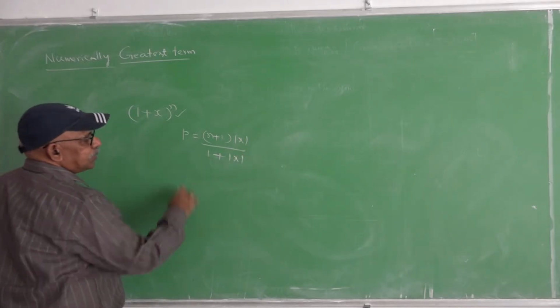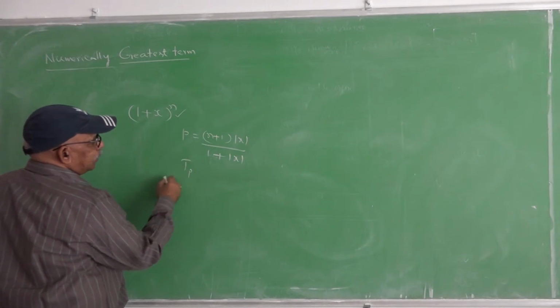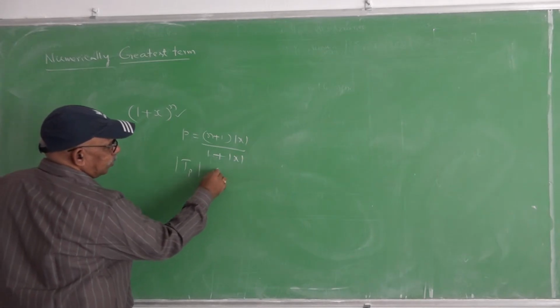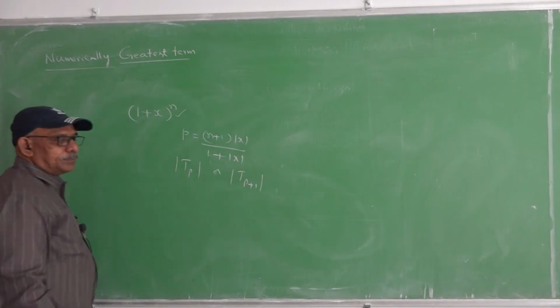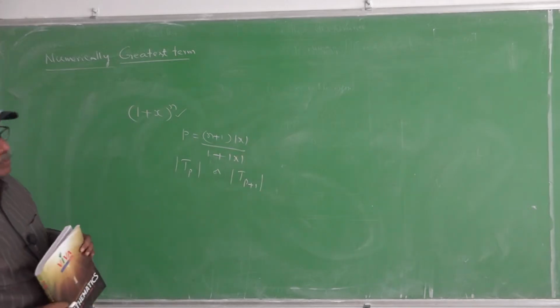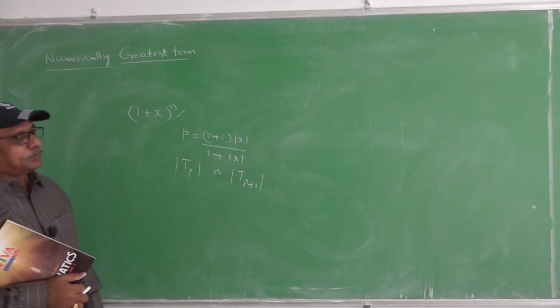If p is an integer, then either |Tp| or |Tp+1| are the numerically greatest terms of the expansion (1 + x)^n.